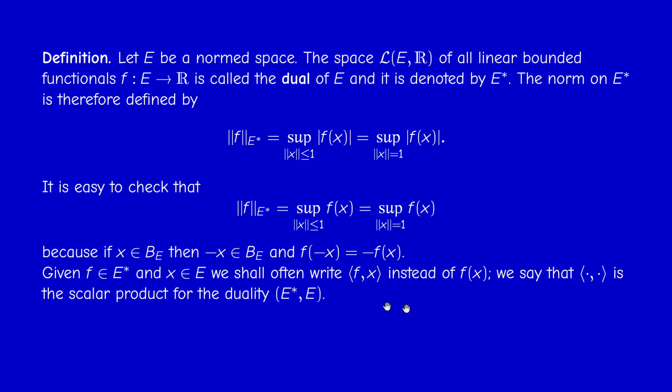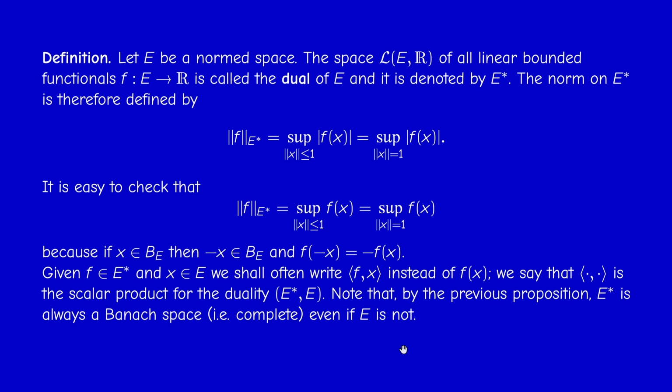So it's bilinear. It's like a scalar or inner product. And this notation is actually very convenient. And note also that since R is complete, E star is complete, even if E is not complete. So E star is always a Banach space.